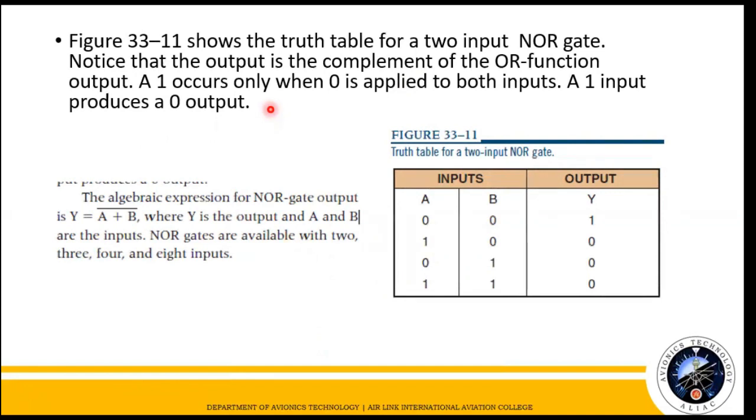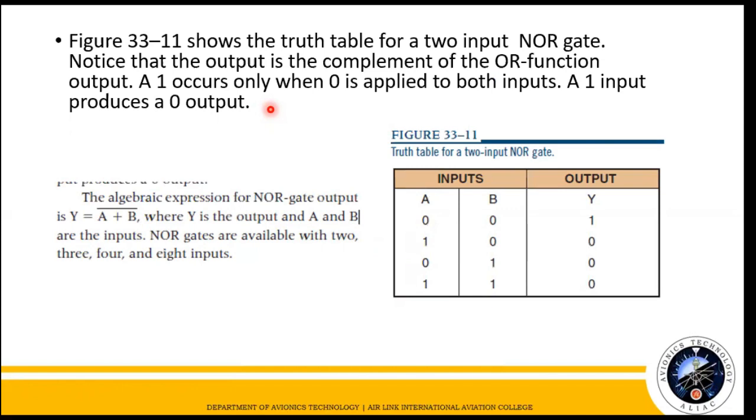So a 1 occurs only when 0 is applied to both inputs. A 1 input produces a 0 output. Okay, so the algebraic expression for the NOR gate output is Y equals bar A plus B.